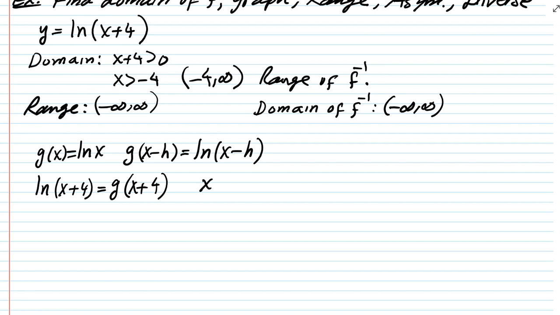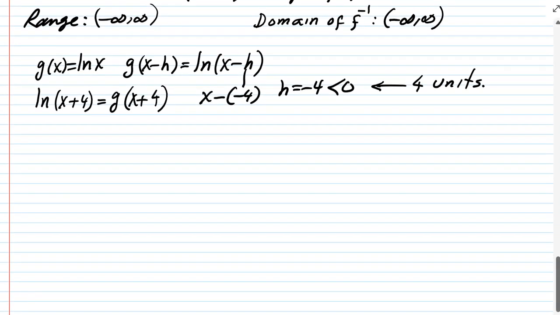Which we can write as x minus -4. So I have my h. H is -4, less than 0. So there's going to be a shift to the left of 4 units, right? Horizontal shift to the left of the graph of natural log of x.